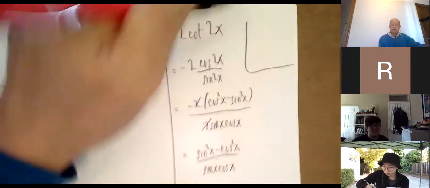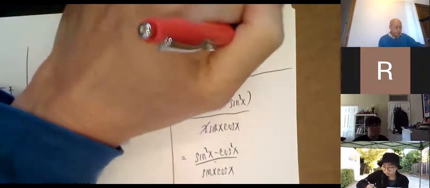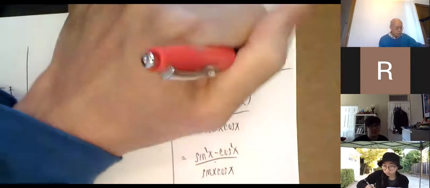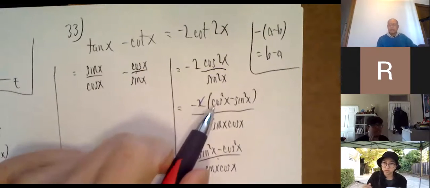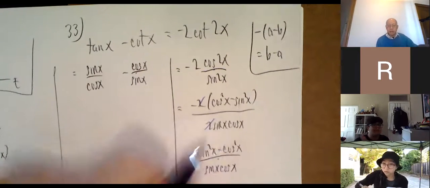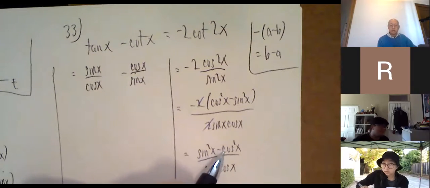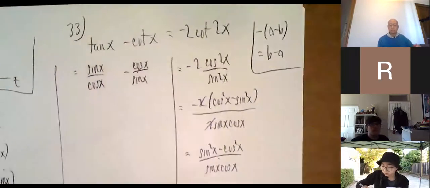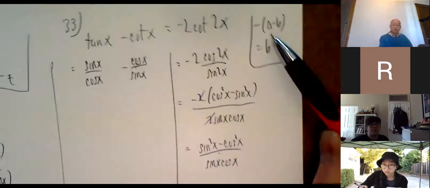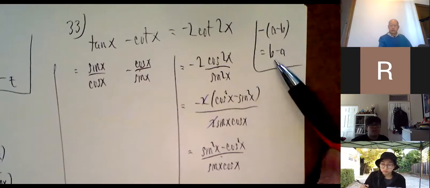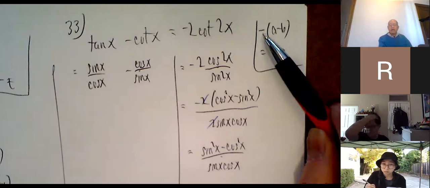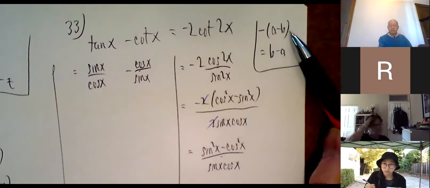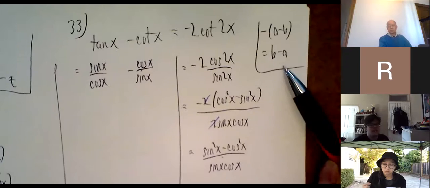Maybe I'll put a little sidebar here: the opposite of a minus b is b minus a. That's what I'm employing here. This is often useful. If you just plain out distribute, it's negative a plus b, which is the same as this.